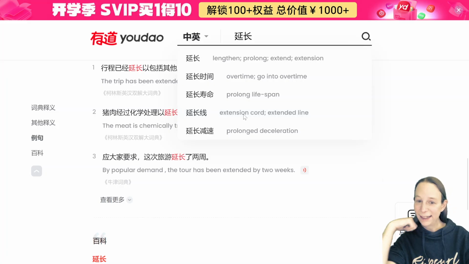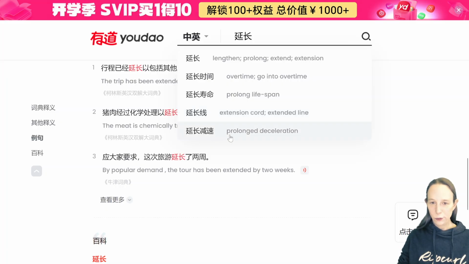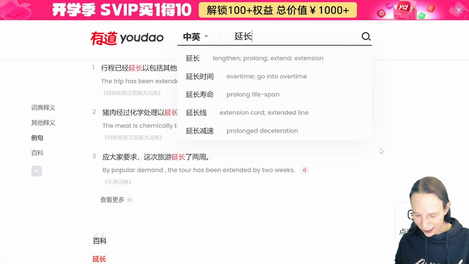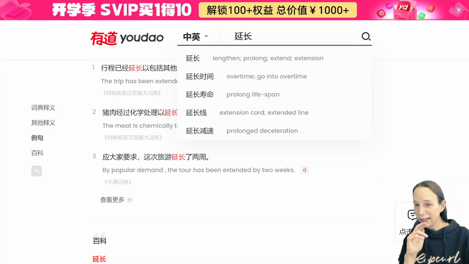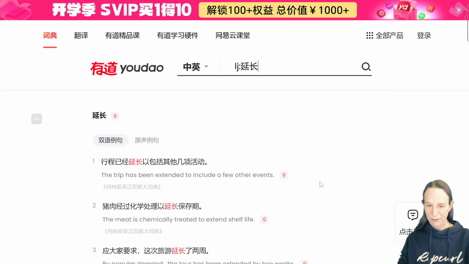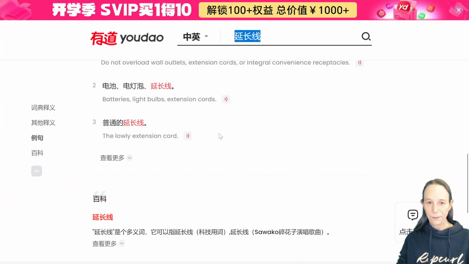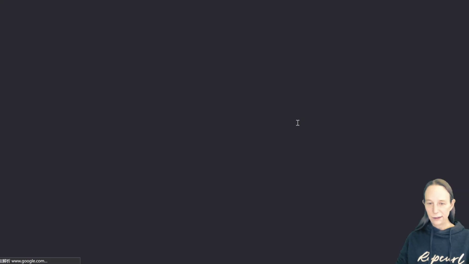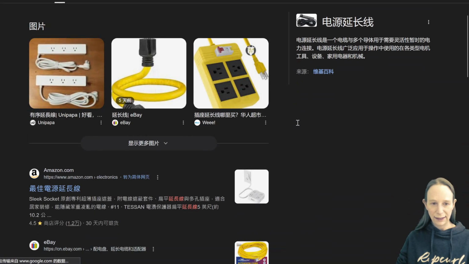Extension cord is distance. 延长减速. Prolonged deceleration. I mean, that's what it means, but what does prolonged deceleration mean? 延长时间. Okay, that's it. That's the definition. So it's mostly used for time, but 延长线 is definitely distance, not time.